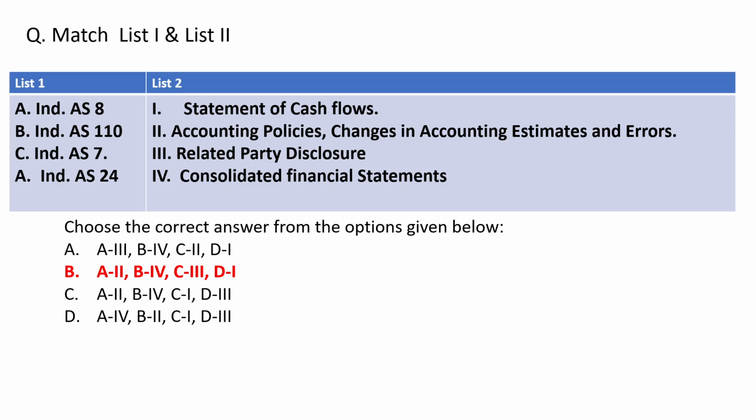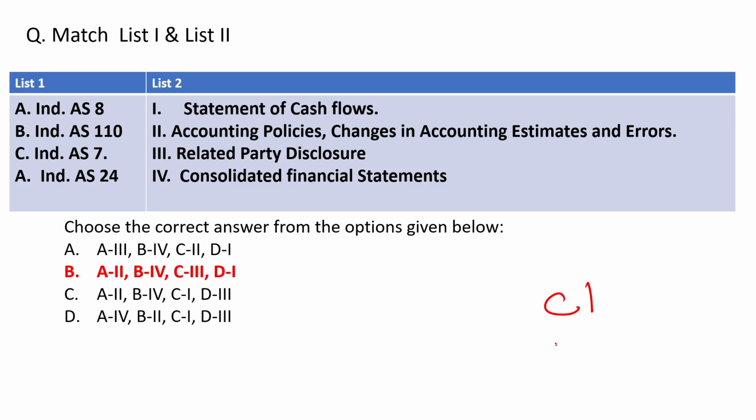Sorry, there is a mistake in this 24. The right option will be option number 3, not B. Why? Because 7 is related to 1, C is related to 1, and A, Ind AS 8, is related to 2.